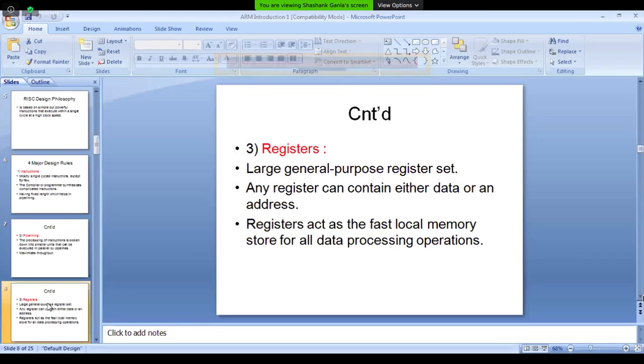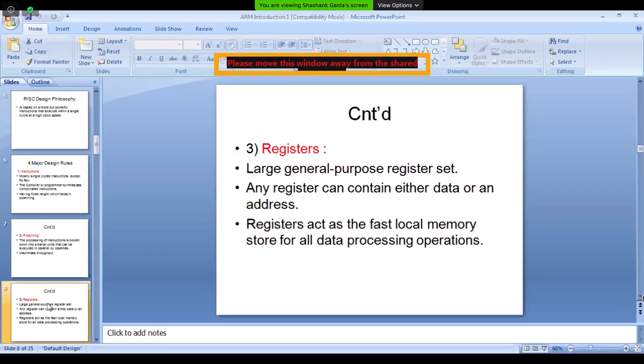So let it be addition, subtraction, multiplication or division, incrementing or decrementing, most of these arithmetic and logical operations are accomplished by using registers as operands, but not memory as operands.